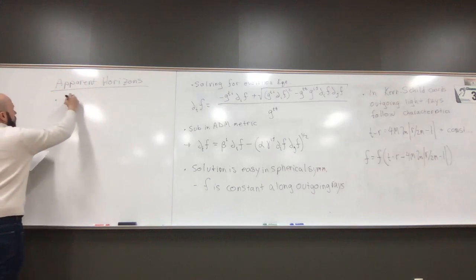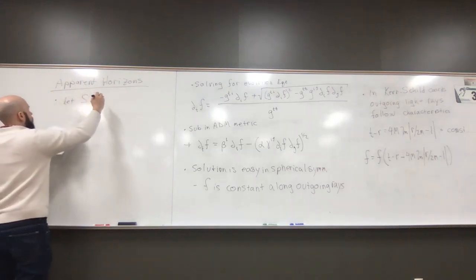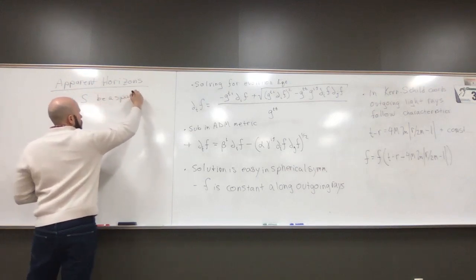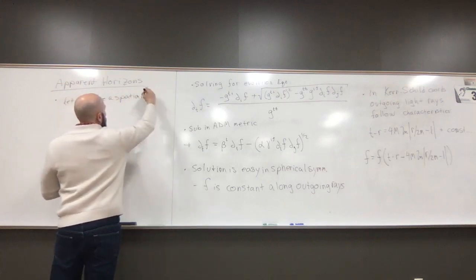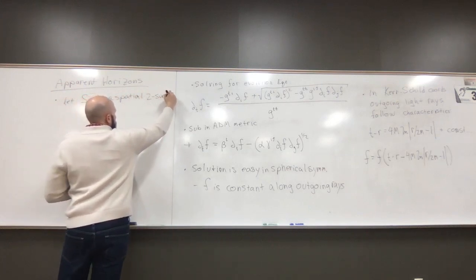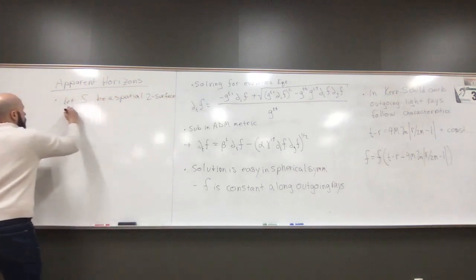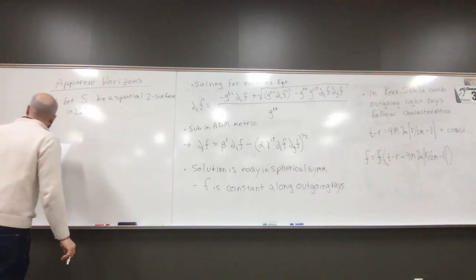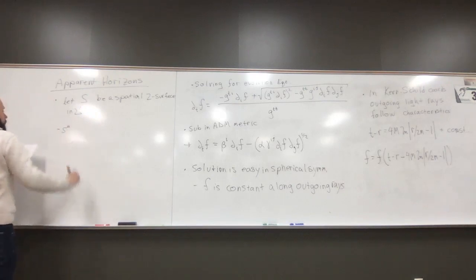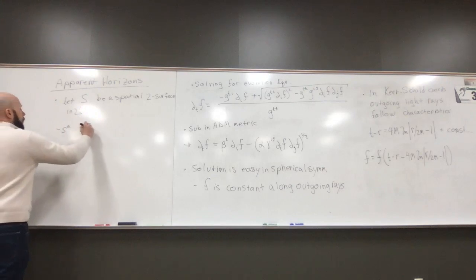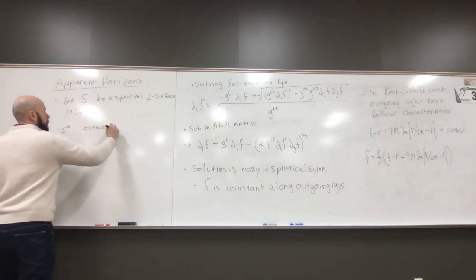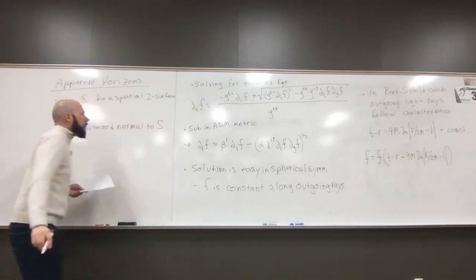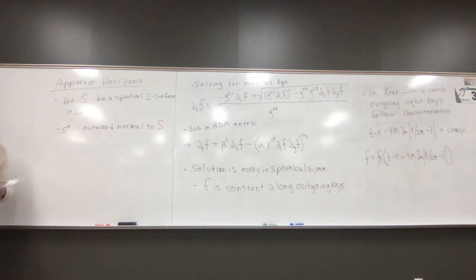We're going to let big S be a spatial 2 surface, which is embedded in our manifold sigma, our 4D manifold sigma. And in this, little s with index A is the outward normal to S. And that is also living in the manifold sigma.